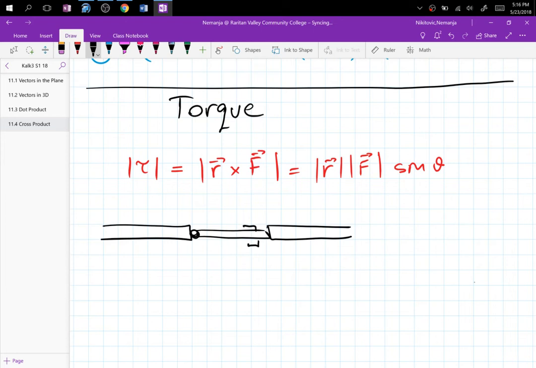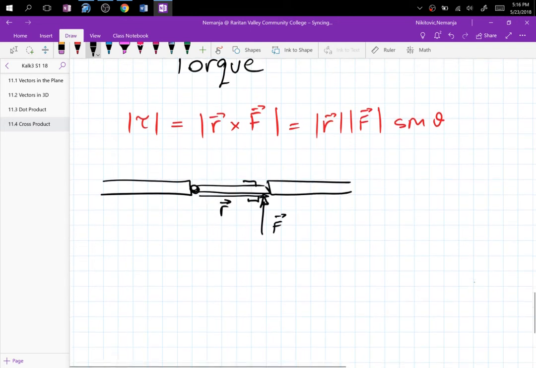So we have the force with which you are attacking the door. That's going to be F, and we are going to have the radius R, which is the length. And another concept, the one that they are discussing in the book, would be the wrench. You can also think of the screwdriver.